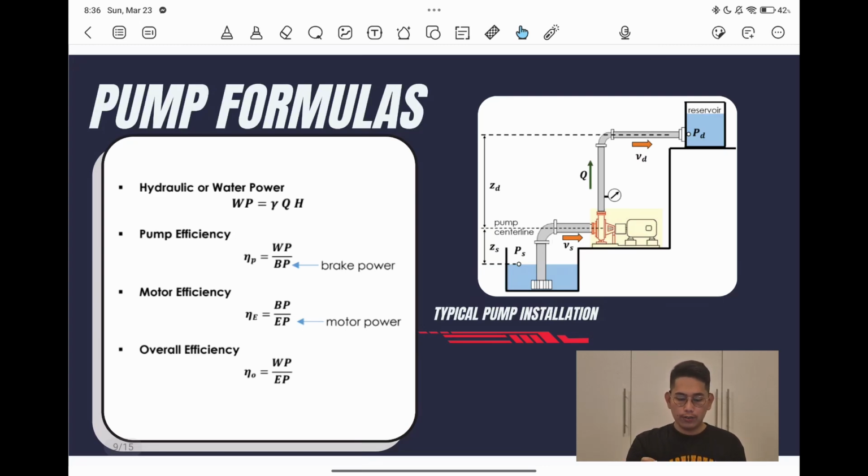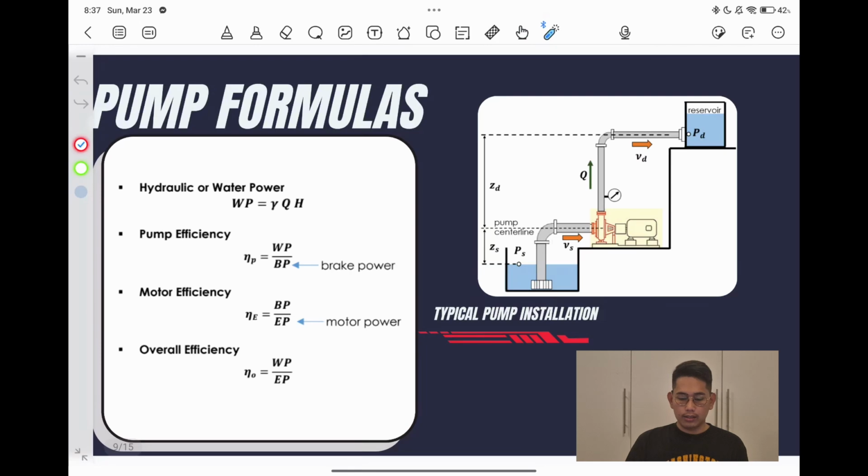And for the overall efficiency, we have the N sub O, because overall, and it is equal to WP all over EP. It is derived by multiplying the pump efficiency and the motor efficiency.